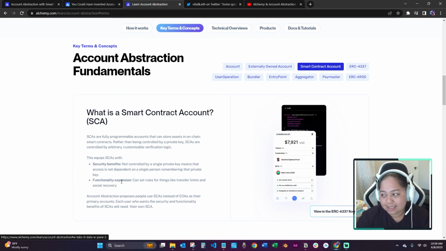There are still private keys, it's just you don't see them, you don't use them. When you have a smart wallet, you can tell your wallet, using a smart contract that's already programmed in your wallet, that your wallet has X, Y, and Z. And that's how you predefine your preferences on how you want to do your transactions.